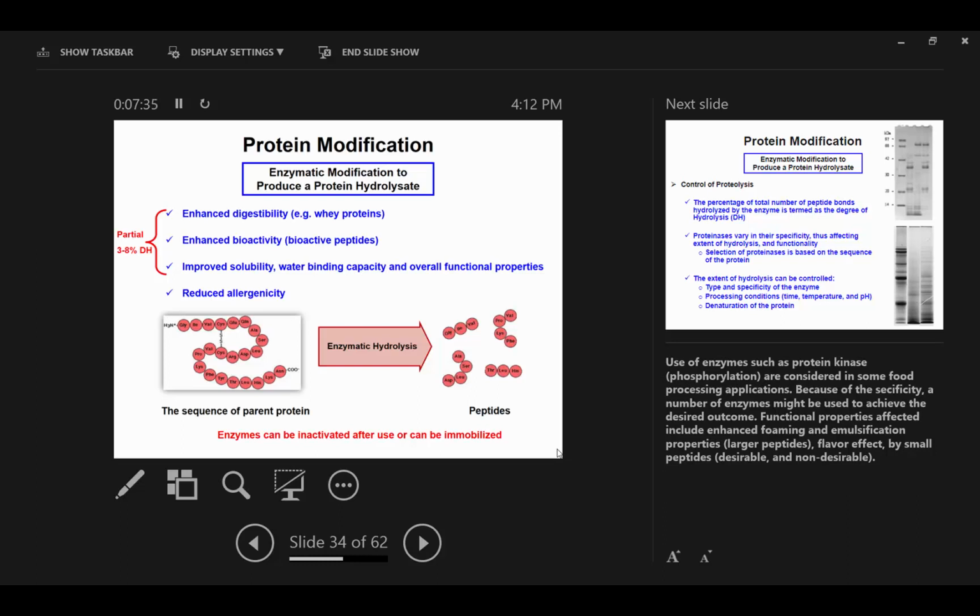So enzymes are inactivated, often in the lab setting or bench scale, or sometimes pilot scale, you thermally treat the solution with the protein and enzyme to inactivate the enzyme. On a large scale in industry, often they use enzymes immobilized on membranes so that it's more efficient. They don't use a lot of enzymes, and you don't have to use thermal treatment to inactivate.